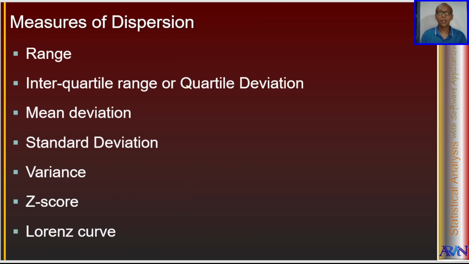And in these measures of dispersion, we will discuss the following, particularly in using Microsoft Excel. Range, interquartile range or the quartile deviation, the mean deviation, standard deviation and variance, the z-score or standard score, and the Lorenz curve. Let's get started.